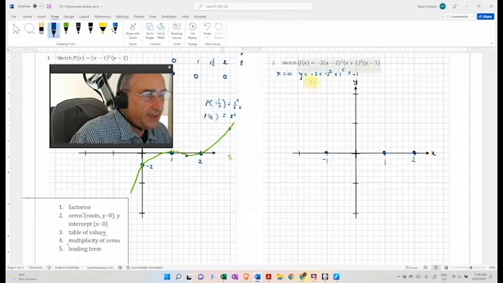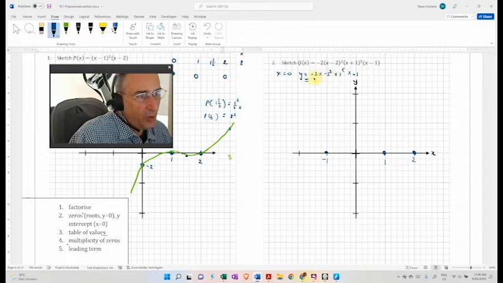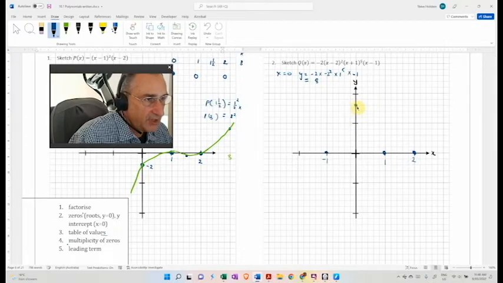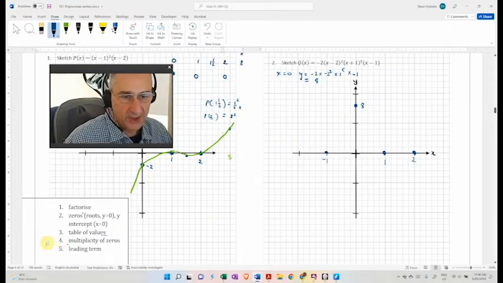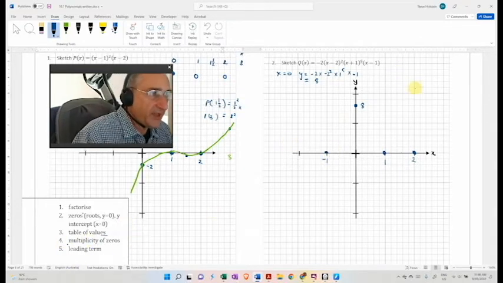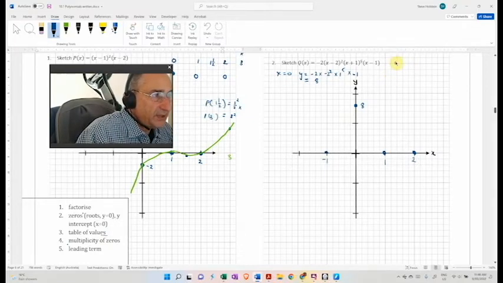And that equals minus 2 squared is 4, minus 8 times 1 times minus 1 is plus 8. So the y-intercept, 0, 8. Put the 8 up there. And now let's look at our table of values. We've got, put it up here, 0.